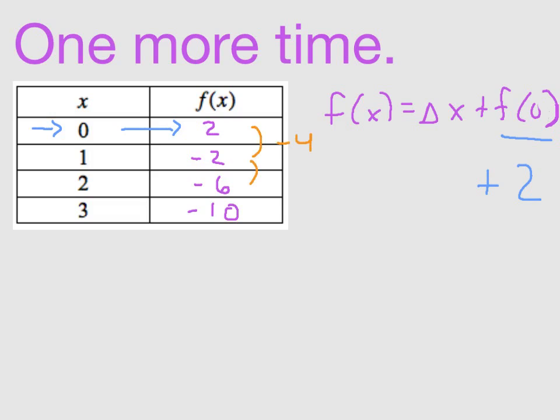Negative 2 to negative 6, subtract 4. Negative 6 to negative 10, subtract 4. This is my delta. And then once again, everything stays the same. Again, please don't make it any harder than this. It is this easy. Now I'm going to give you a little bit of time to practice.